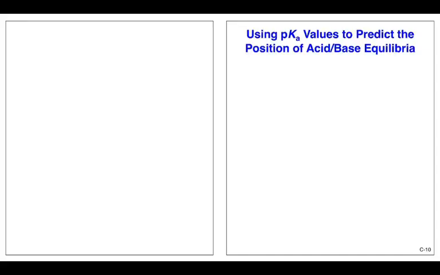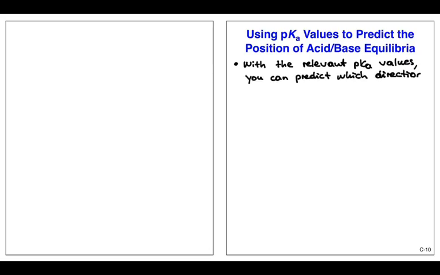Hi, so in this video we are going to learn how to use pKa values to predict the position of an acid-base equilibrium. So what you need really is the pKa values, for the acid and the conjugate acid.